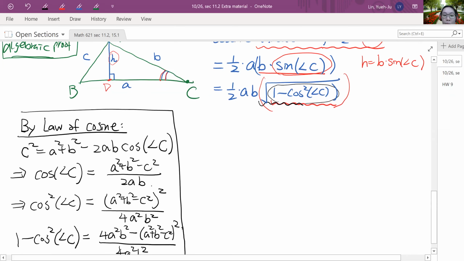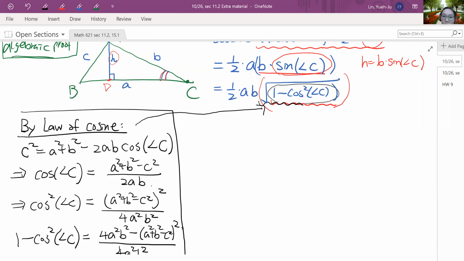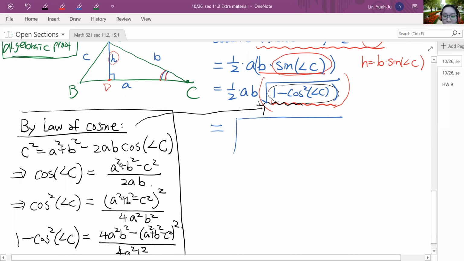Now I'm going to plug in what I just wrote into what we had here. First of all, I'm going to rewrite this quantity like this. I'm going to put everything under the square root, because Heron's formula in the end has everything under a square root.